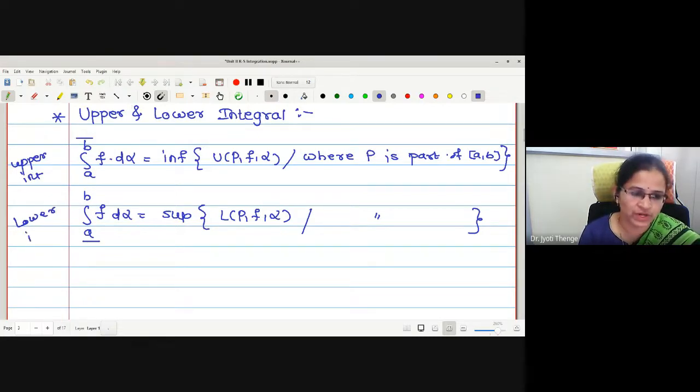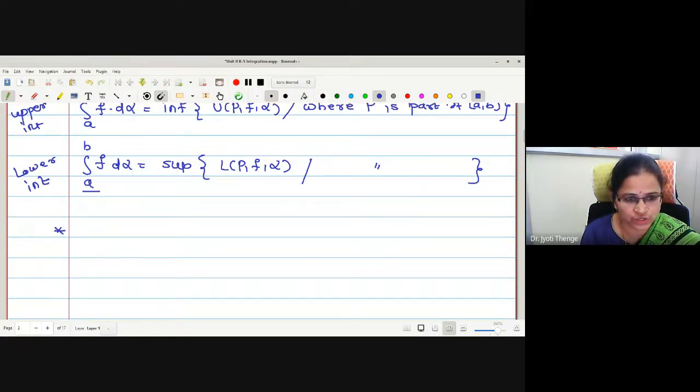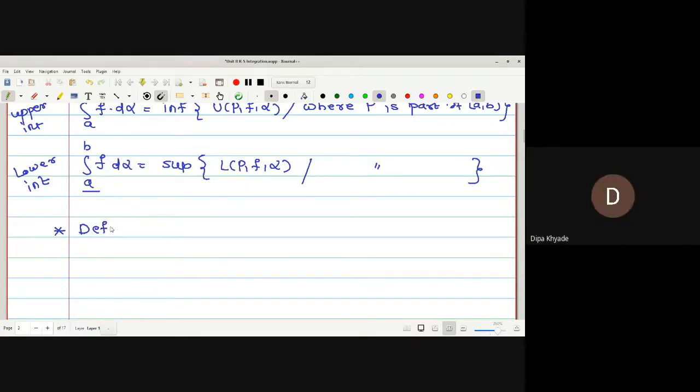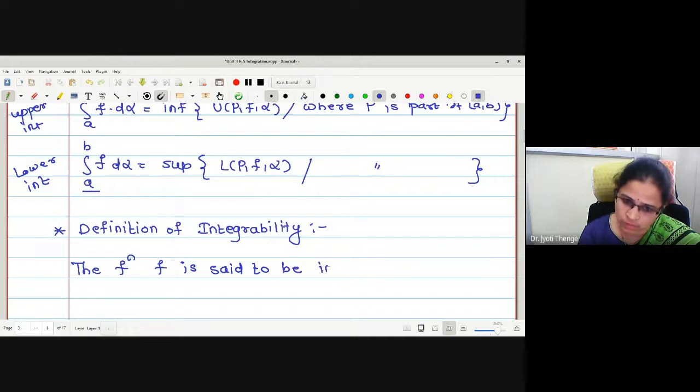Okay. Then what will be the definition of integrability? Upper integral is equal to lower integral. Very good. The definition of integrability is: the function f is said to be integrable with respect to alpha.